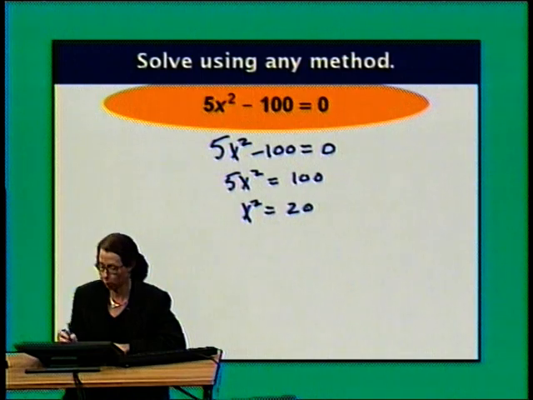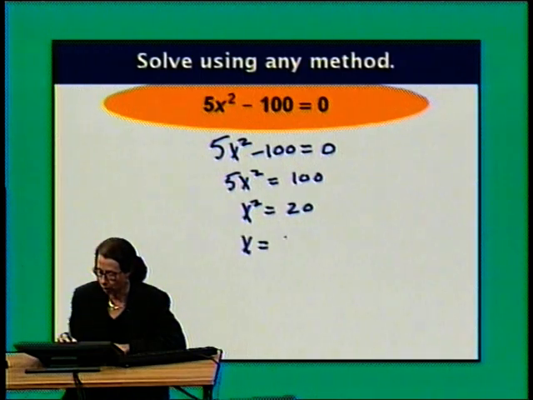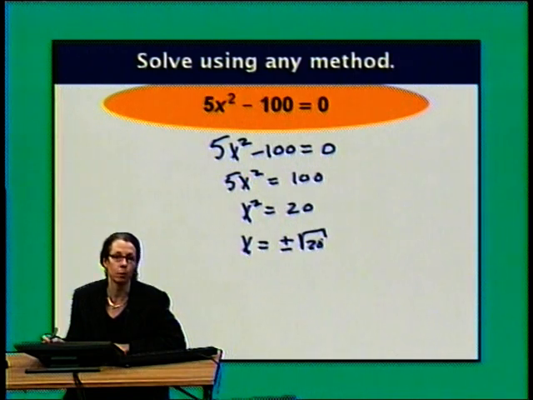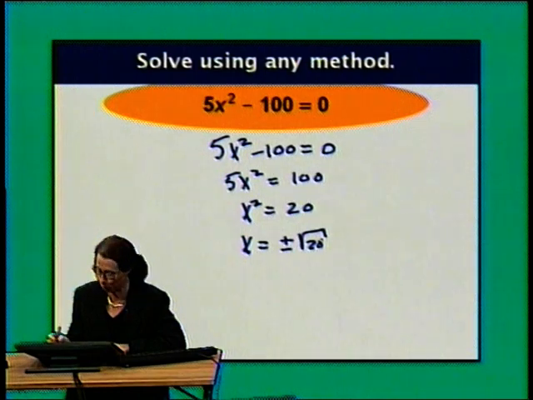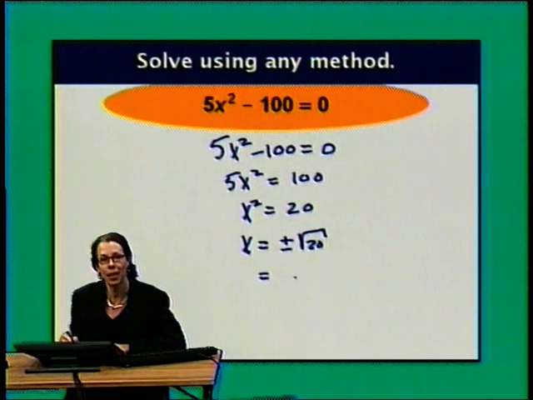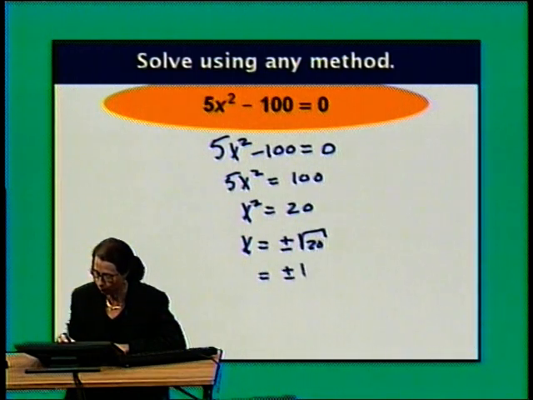Now using the square root property, I know that x equals plus or minus the square root of 20. And I'm going to just simplify this radical because I showed you how to do that in the last lesson. I just want a little bit more practice. So 20 has a perfect square factor of 4.